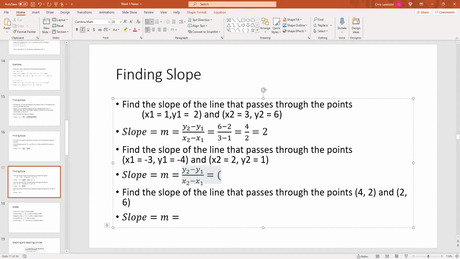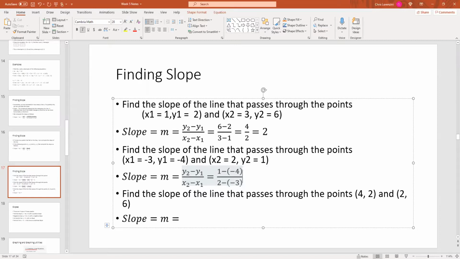In this case, y2 is 1. y1 is -4. So on top, I'm going to get 1 minus a -4. On the bottom, x2 is equal to 2. x1 is equal to -3.